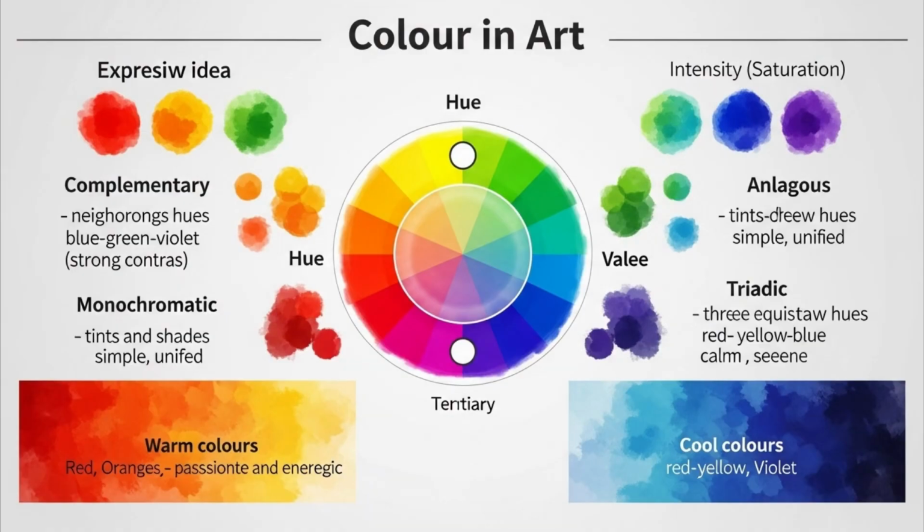Three components: hue, the color name, like red, blue, yellow. Value is the lightness or darkness. Intensity, that is saturation, its brightness or dullness. Color schemes help create harmony.